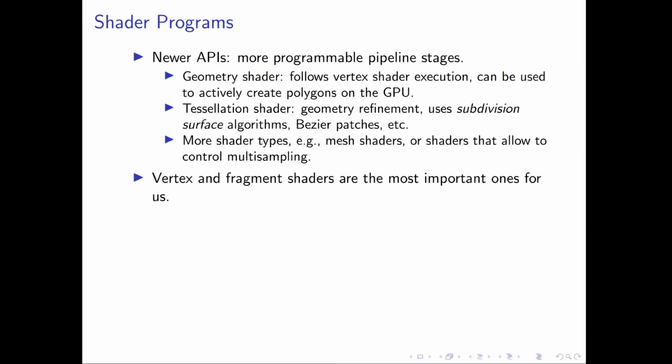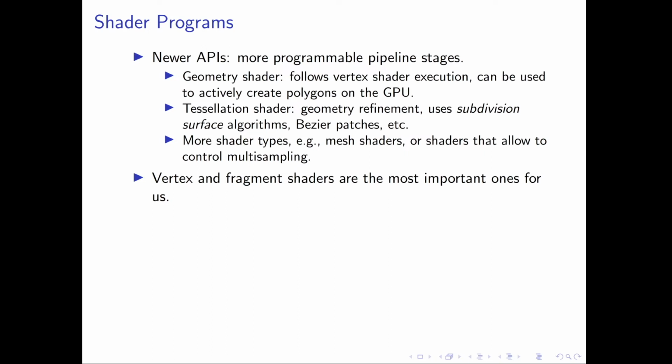And I already said that newer APIs usually have more programmable pipeline stages, like geometry shaders, where the geometry shader is executed after the vertex pipeline, and is basically passed the vertex as an input and can use that vertex to generate more vertices. The geometry shader will not just create geometry out of thin air, but it requires an additional vertex as an input.